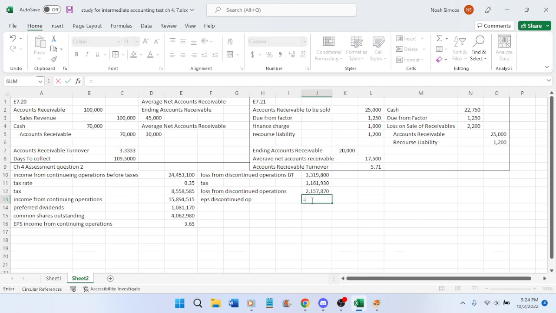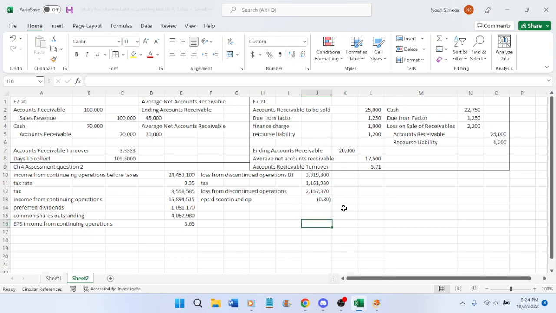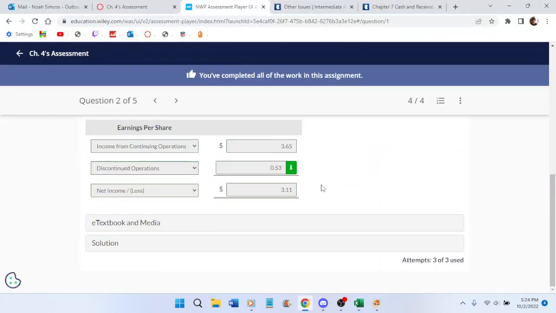It's literally a loss, so it should be negative: negative this minus this, divided by this. I got 0.80. What is going on here?